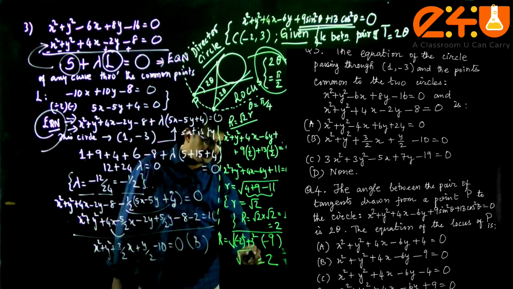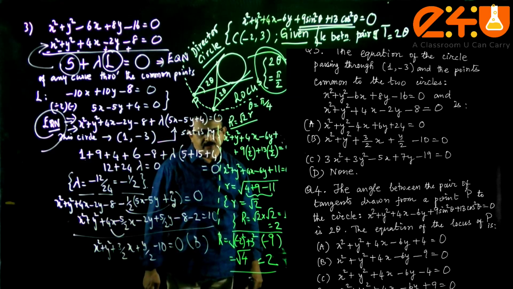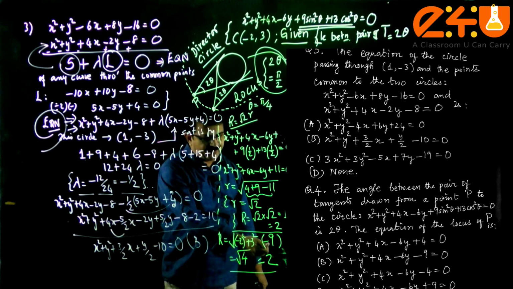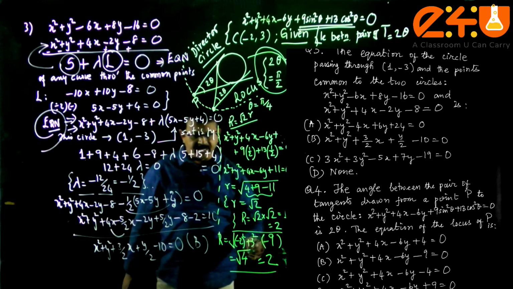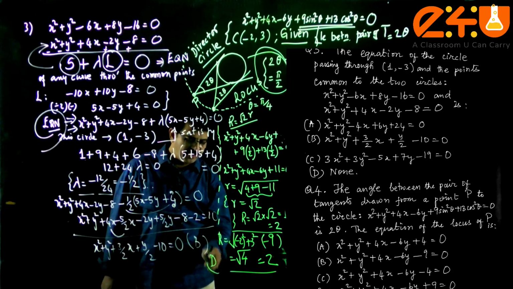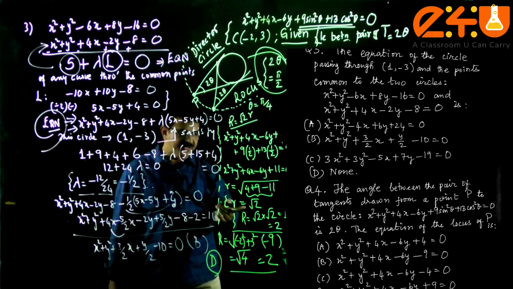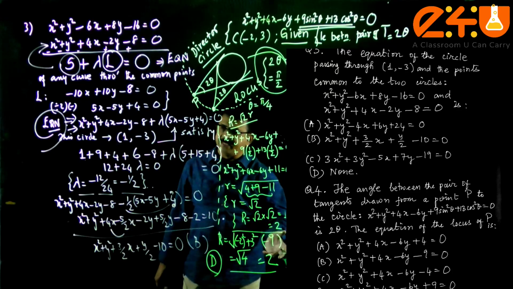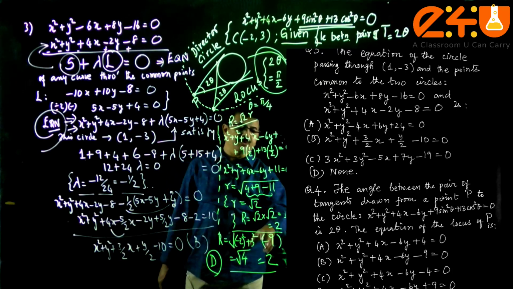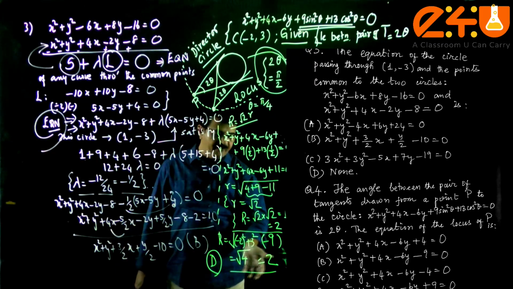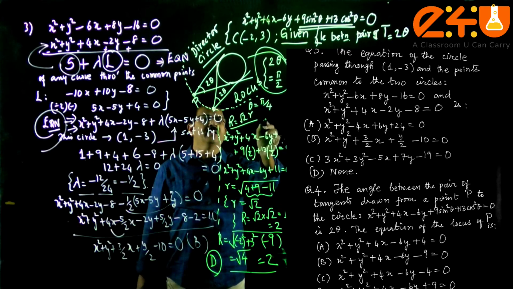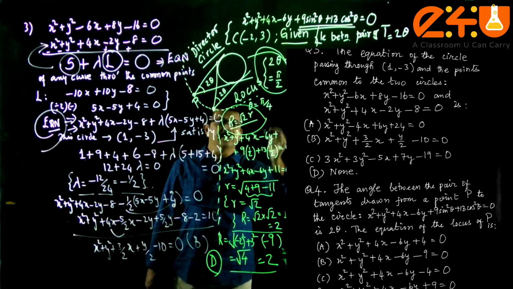That will give root of 4, and that gives answer 2. So the constant after changing sign should be minus 9 inside the root, so the correct option is the last option, where the constant is plus 9. By changing sign inside the root, you substitute negative 9, which gives radius root of 4, which is 2, the required concept of the director circle.